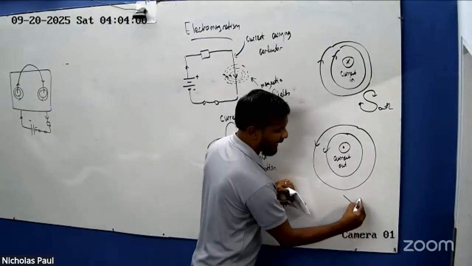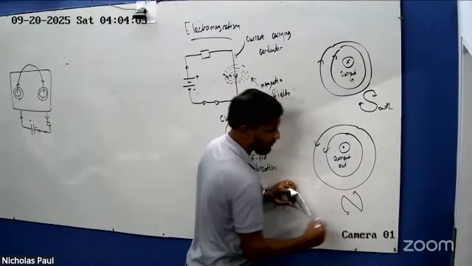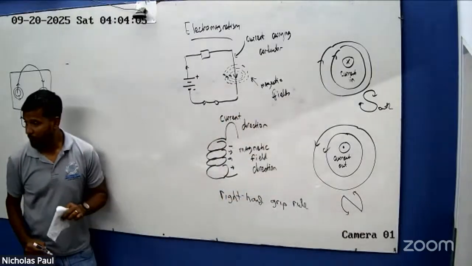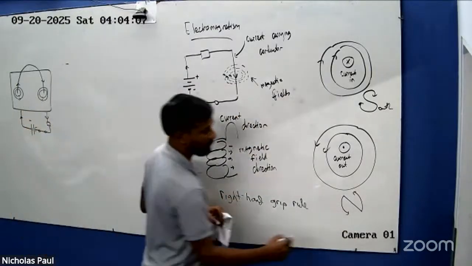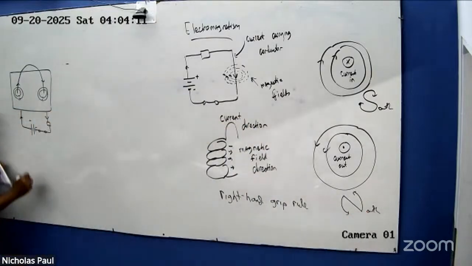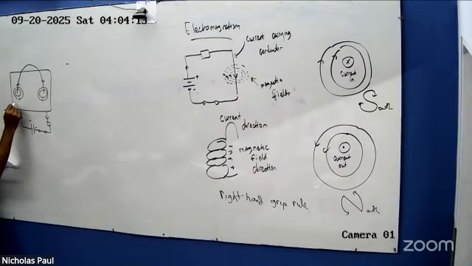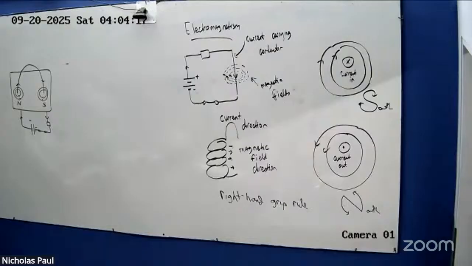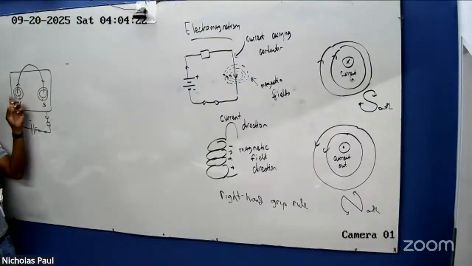If we write N looking like this, North. So therefore, anti-clockwise, that's a north pole, here's a south pole. That's okay? So we created a simple little magnet here, north pole, south pole.